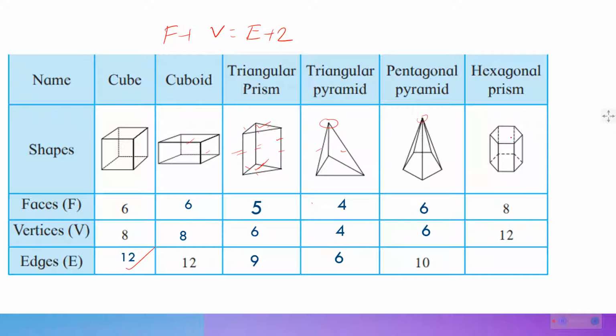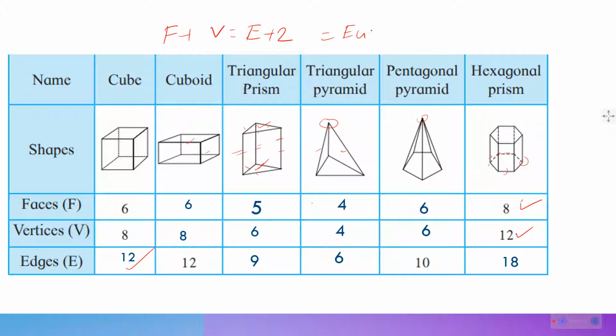The faces are top and bottom, 6 plus 2, so 8. The vertices are 6 at the bottom and 6 on the top, 12, and you will have 18 edges for it. So this formula was discovered by the great mathematician Euler.